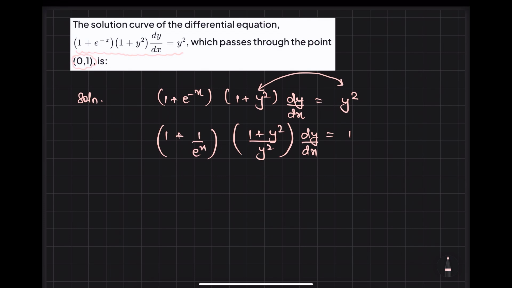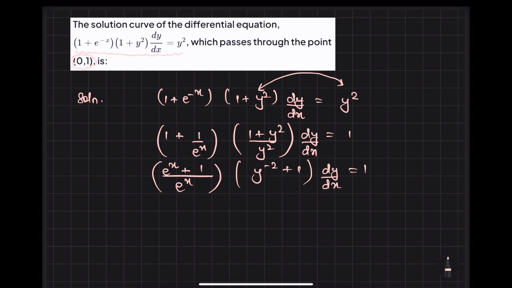So we got e power x plus 1 upon e power x. So the y thing and the x thing are together. So y power minus 2 plus 1, dy by dx.